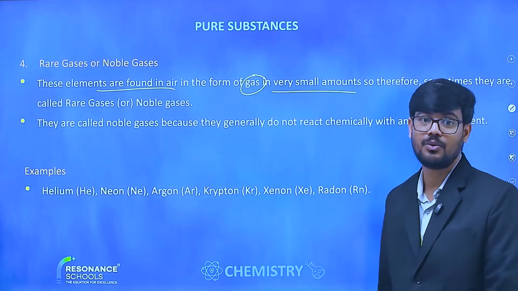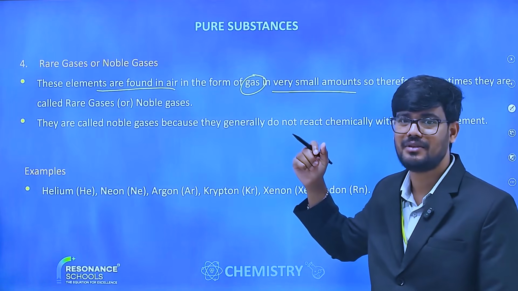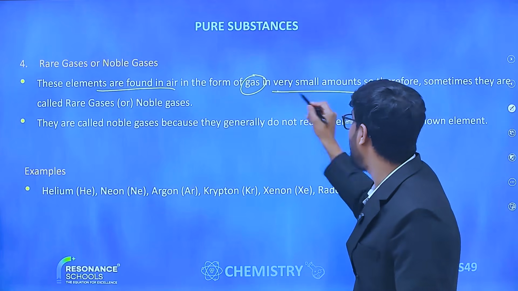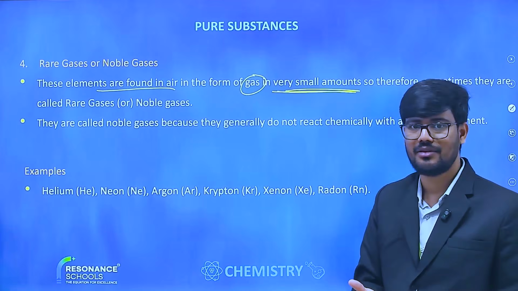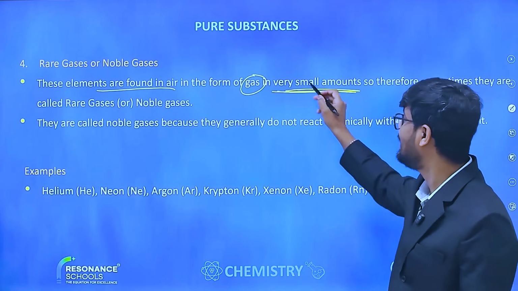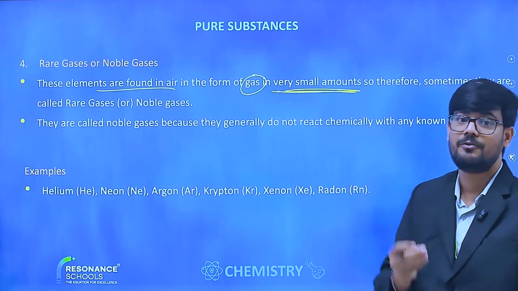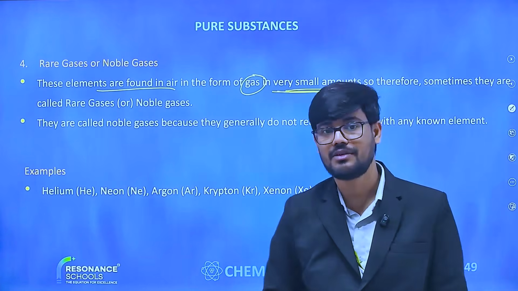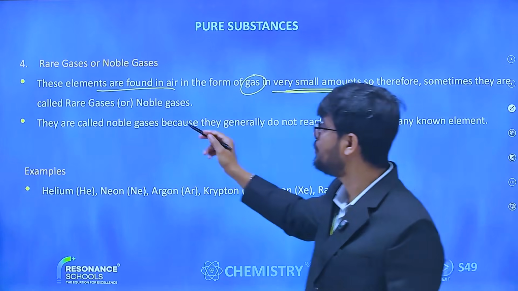In the atmosphere, we have very, very little amounts of these gases. Since they are available in very small quantities, that's why they are called rare. So first point done.